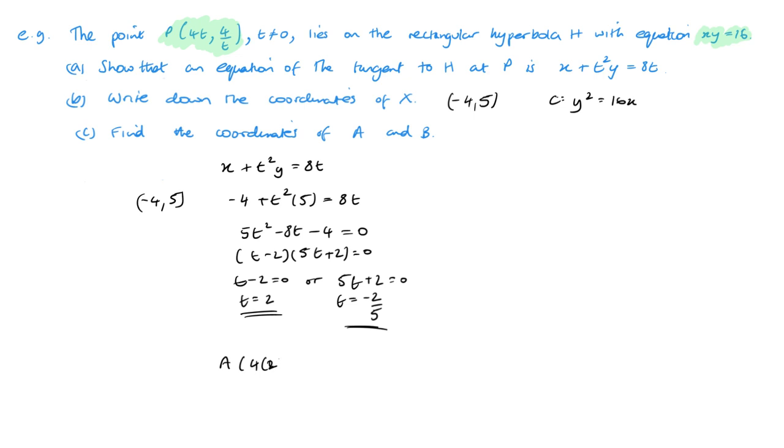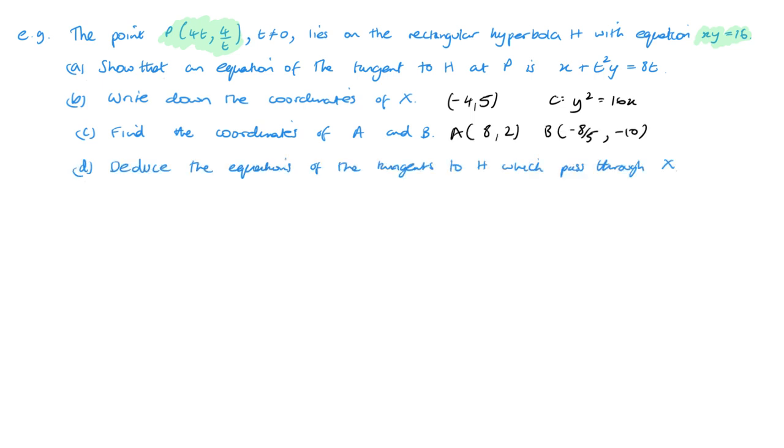So 4 times 2 and 4 over 2, and B will be 4 times minus 2/5 and 4 over minus 2/5. So A is (8, 2), and B is (minus 8 over 5, minus 20 over 2, so minus 10).